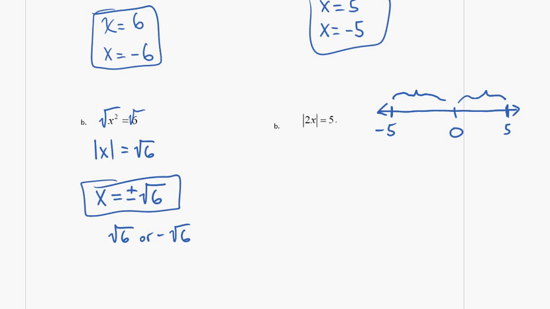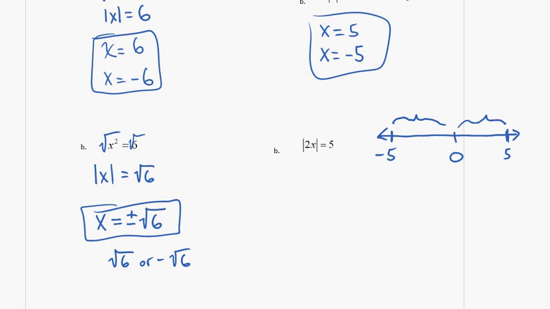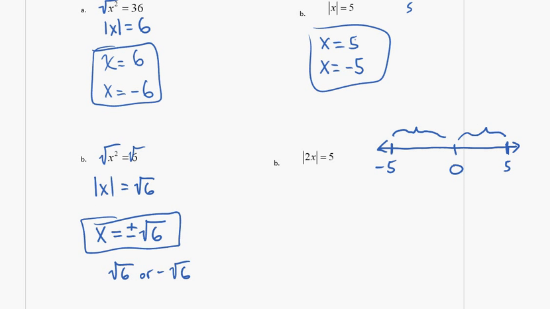And we also know that this distance of 5 in either direction is equal to 2x. So we're going to come down here and we're actually going to write two different equations, just like we did above. Above, they were very simple equations, x equals 5 and x equals negative 5. Well, here it's going to be 2x equals 5. So that's saying the distance away from 0 to the right, or 2x equals negative 5, and that's going in the other direction. And now we just have to solve these two equations separately.